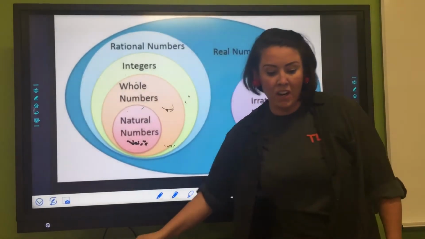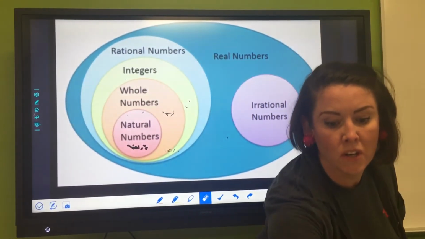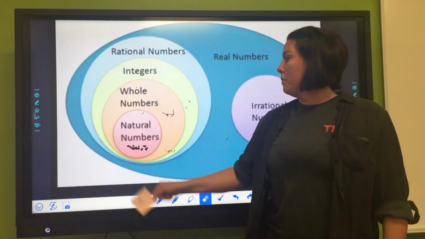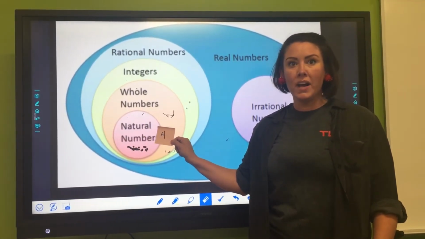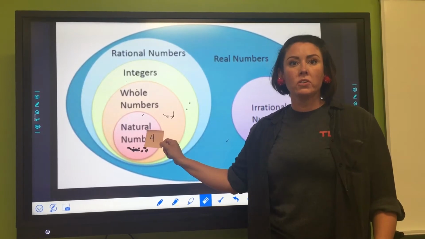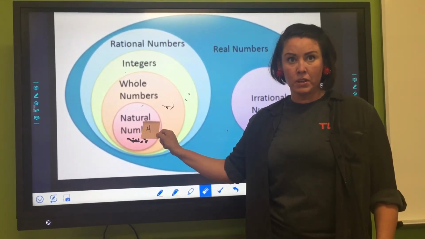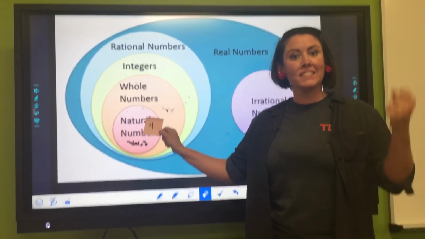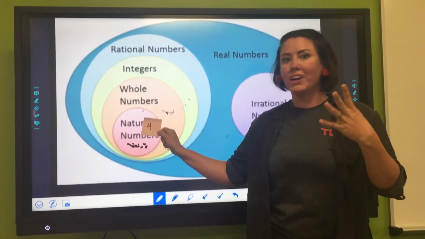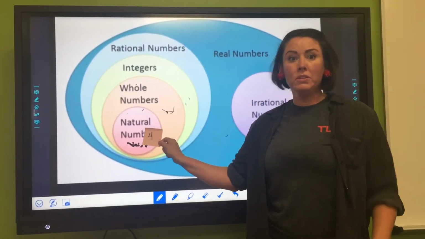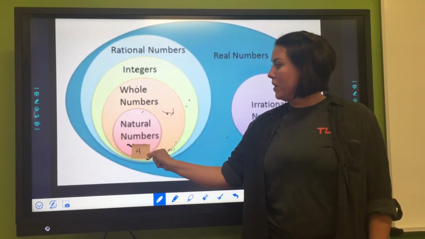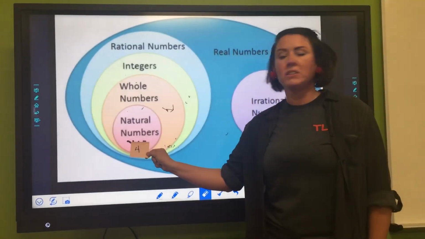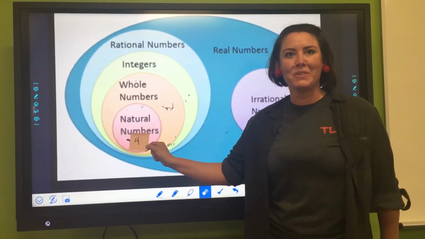Moving on. Let's do a couple more examples. Let's do the number 4. We start with our inner circle. Is 4 a natural counting number? Yes, because I can count 1, 2, 3, 4. So we would stop right here and it would go right on the inside. I'm not using my screen because it's goofy and I'm still learning how to work it.